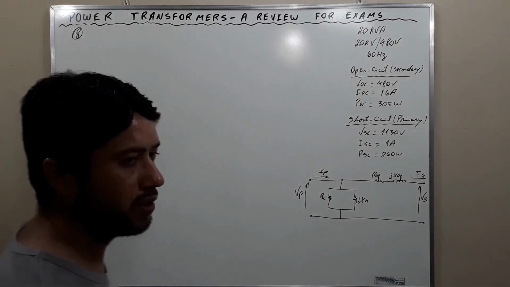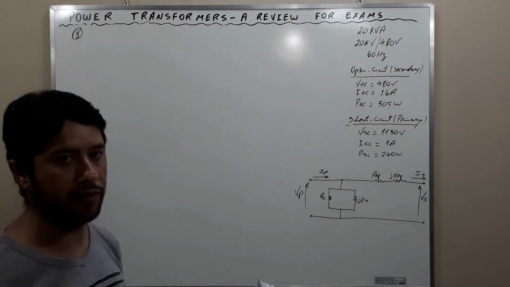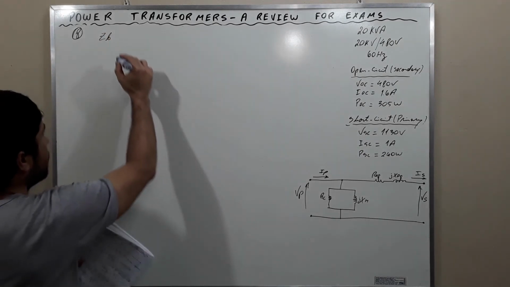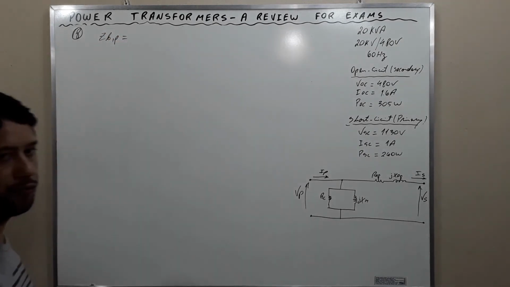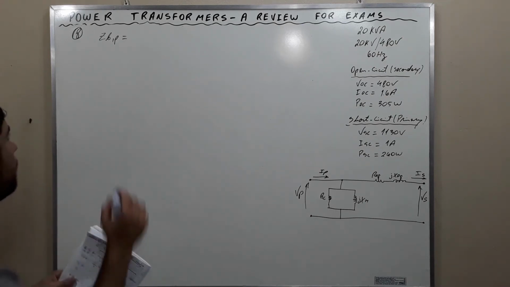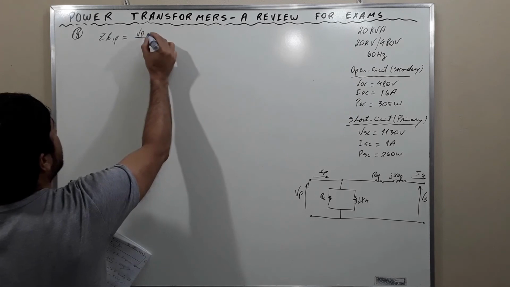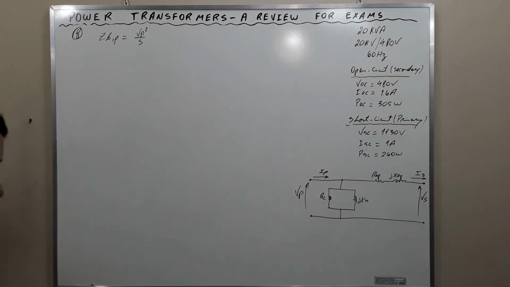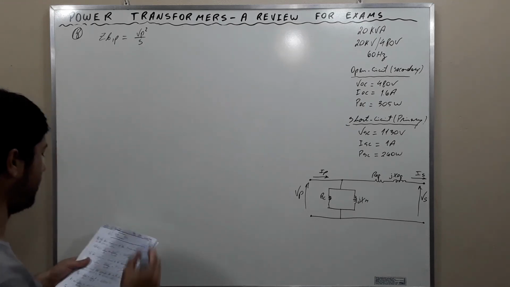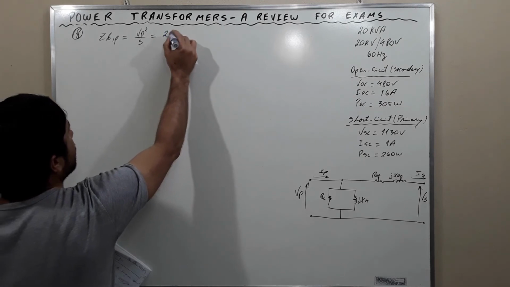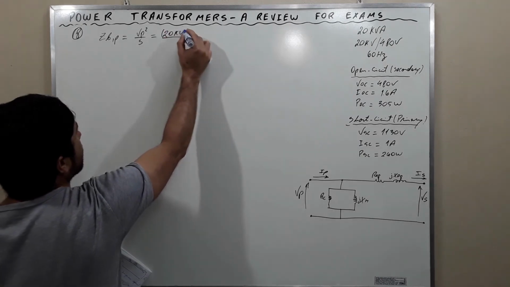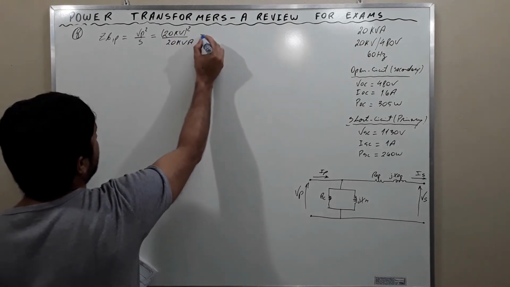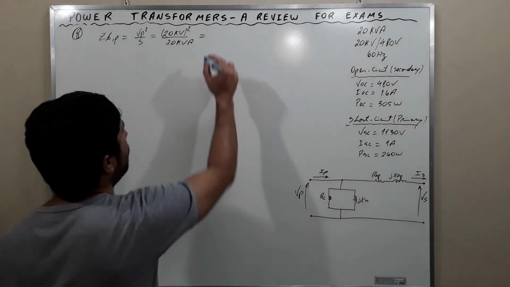The base impedance of the transformer referred to the primary side, Z base referred to the primary side, is Vp squared divided by the apparent power, and this is 20 kV squared divided by 20 kVA, and this is equal to 20 kilo ohms.